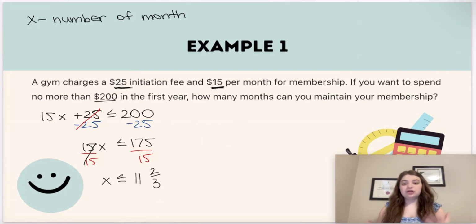Now, assuming that the gym probably doesn't let us do only 2/3 of a month or half of a month or something like that, assuming that the gym only does full months, the maximum number of months we could maintain the gym membership would be 11 months, and then we'd have a little bit of money left over. But as soon as we go up to 12 months, we've gone about $5 over that $200 budget that we set for ourselves.